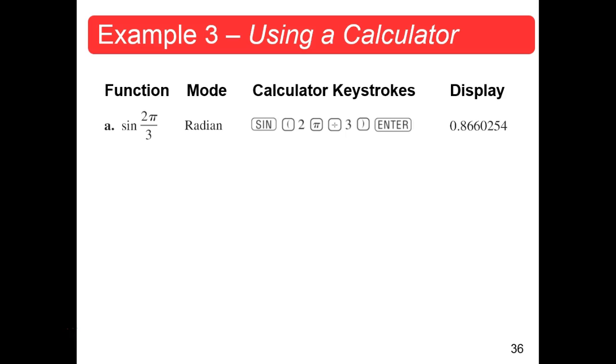Remember that little acronym? Your 4 quadrants. All your trig functions are positive in this one. All students: sine is positive here, and its reciprocal, cosecant. Take: tangent, and its reciprocal, cotangent.